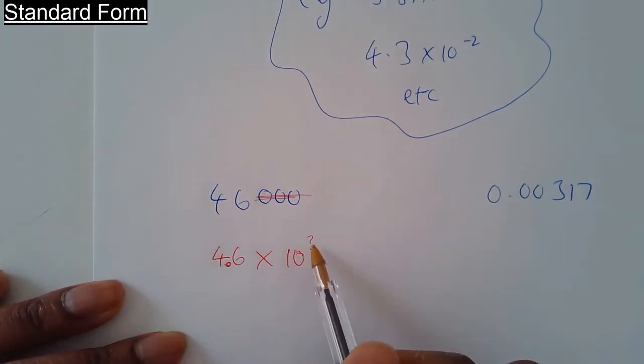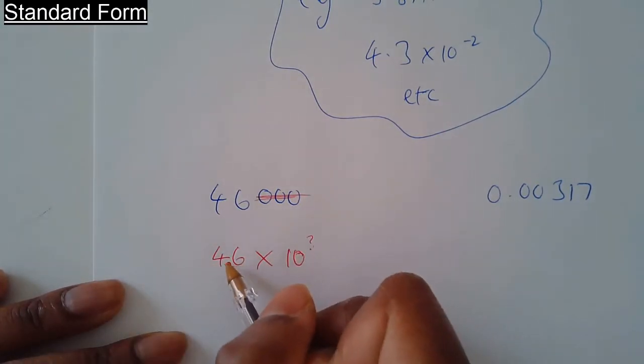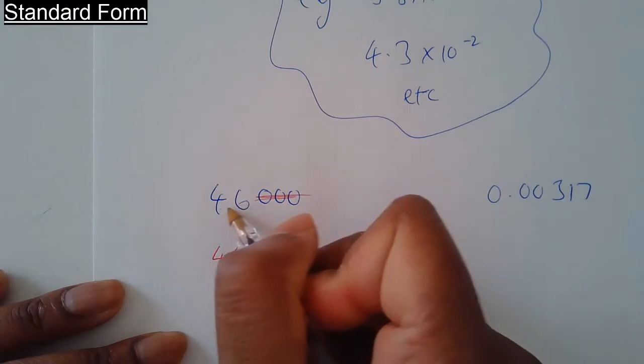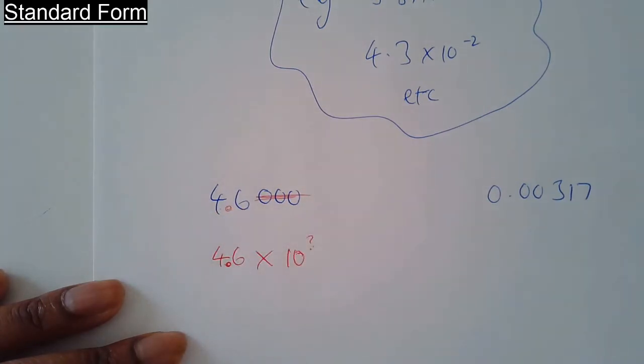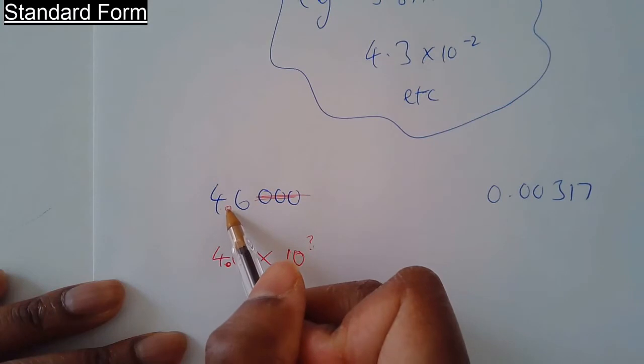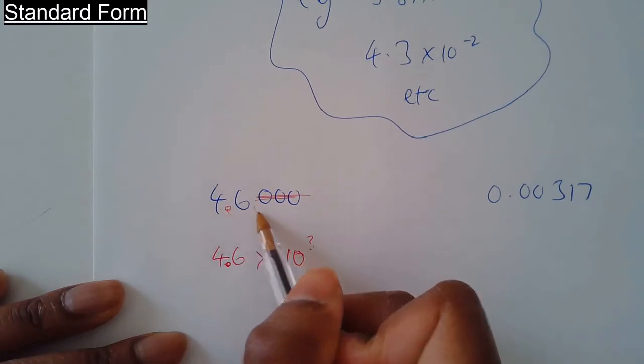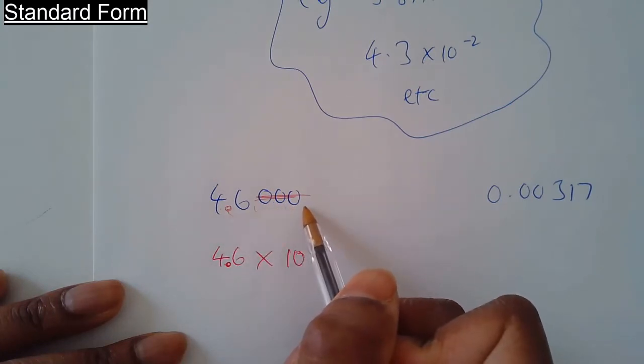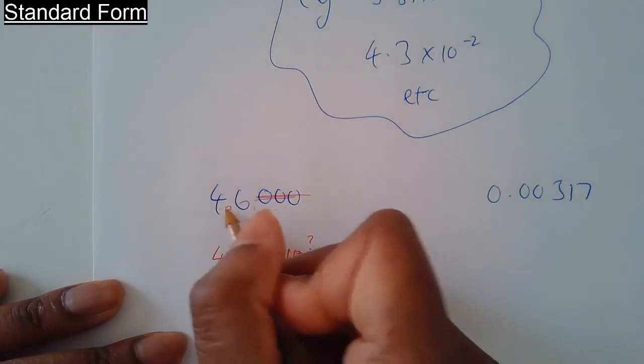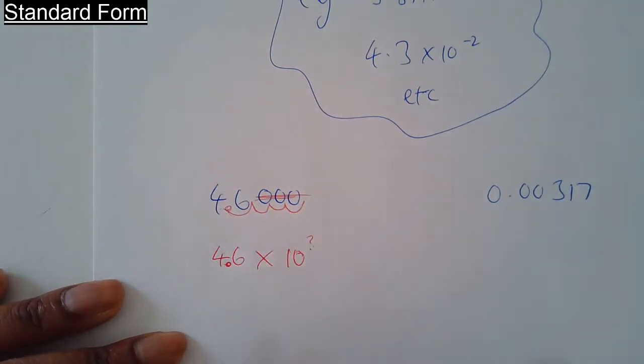Well, to determine that, I want you to imagine that this decimal point is between 4 and 6, right there. Ask yourself the question, how many places do I need to move the decimal point to get it to the very end, to the far right hand side? 1, 2, 3, 4. There you go, put the 4 there.